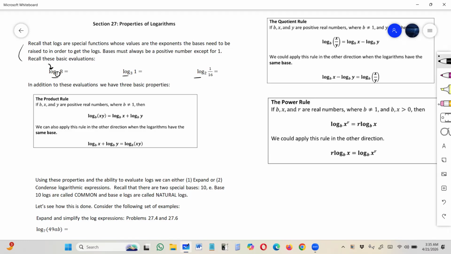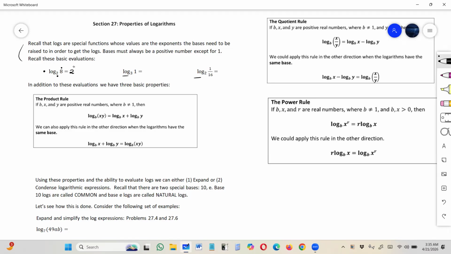Now, when we evaluate the log of something, we read this as log of 8 base 2, or log base 2 of 8. We're looking for an exponent that we're going to raise the base 2 to.